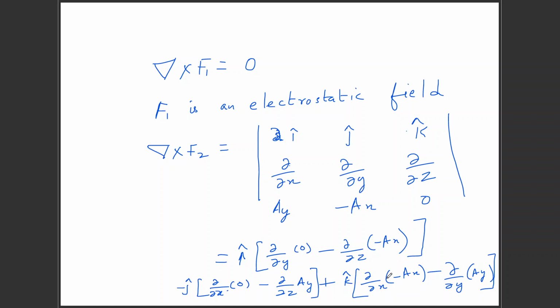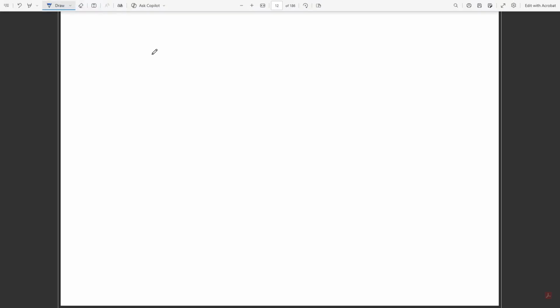So you get minus a minus a, it is minus 2a. So it is not 0. So del cross F2 is not 0. Del cross F2 is minus 2a times k. So it is not 0.